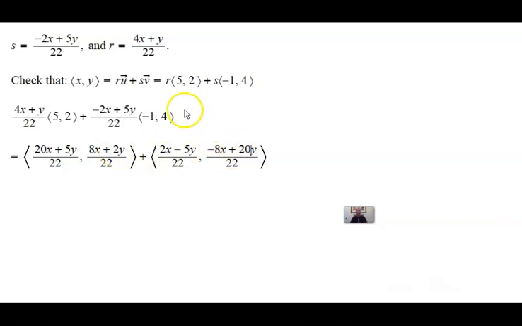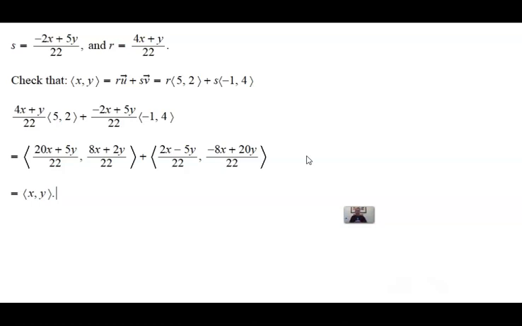So we get 22y over 22, and we get, indeed, just (x, y). All right, so there you have it. Every vector (x, y) in R2 can be written as a linear combination of the two vectors (5, 2) and (-1, 4). So the span of those two vectors is all of R2.